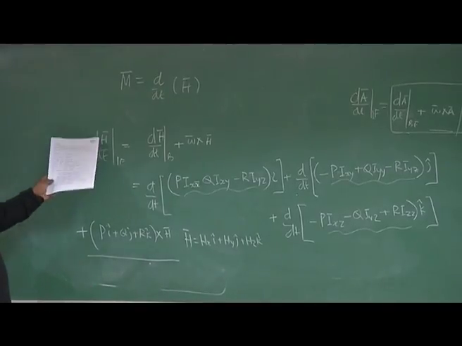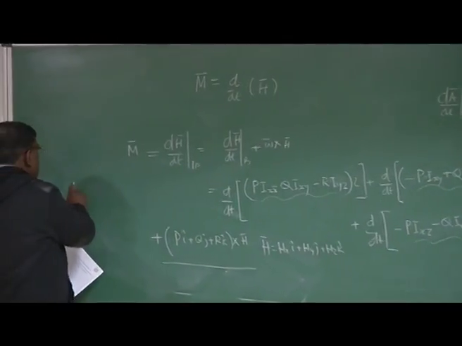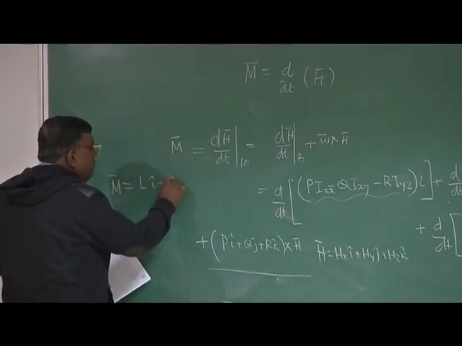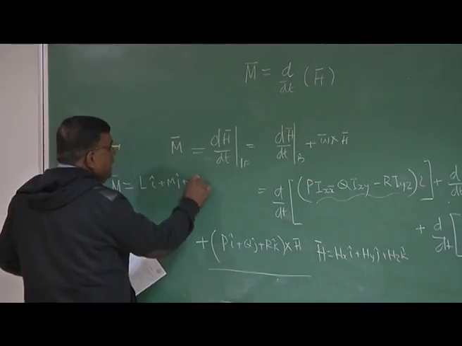That is causing the rate of change of angular momentum. And this m has 3 components: Li plus Mj plus Nk.